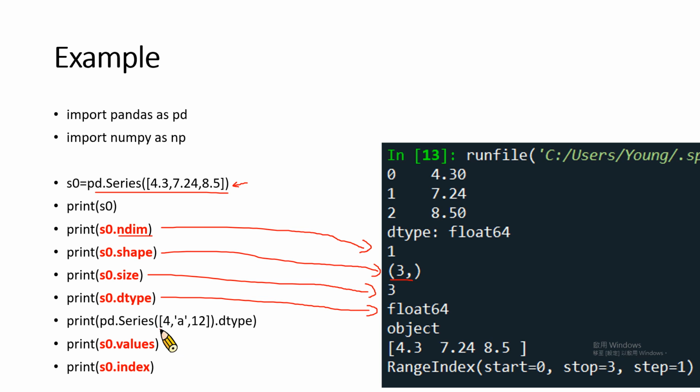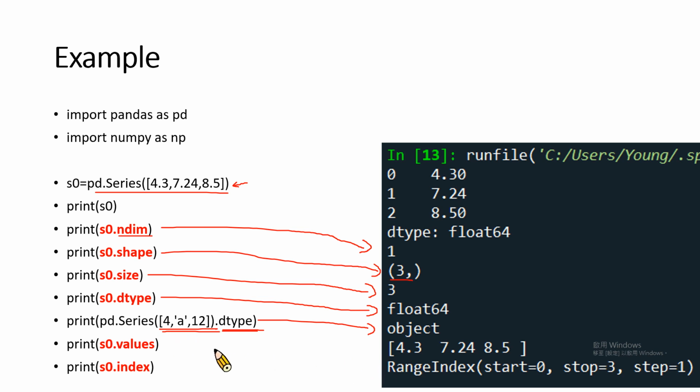Then we build another series, and you want to get its data type. Because the values of the series include integers and strings, it is a mixed type, so the type will be object.